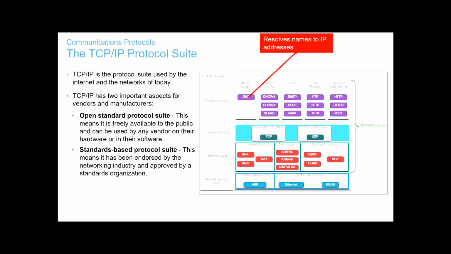DNS resolves names to IP addresses. That's just a few. There are a lot, and many of them that you will do in your labs are going to be here in this transport layer.